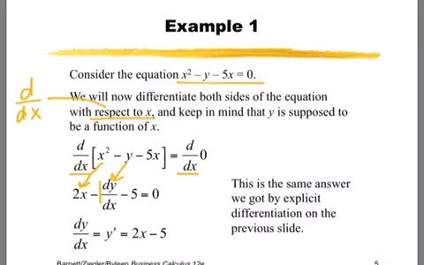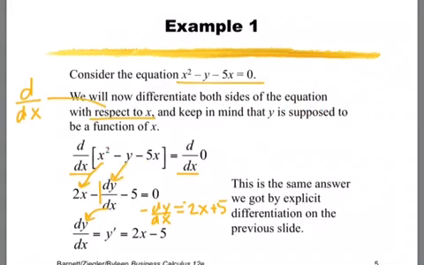So we have 2x minus dy dx minus 5 equals 0. Notice here, we're isolating dy dx on the left side, and we're subtracting 2x. We have negative dy dx is equal to, if I subtract 2x on both sides, I get a negative 2x. And then add 5 on both sides, I get plus 5.